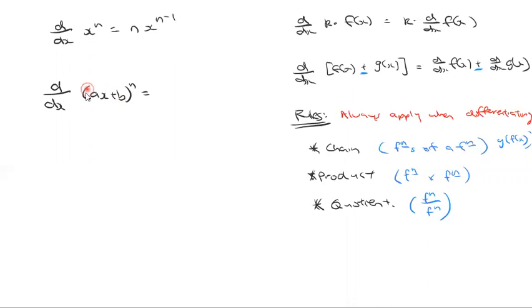So that means you derive this function first, so it's n times (ax plus b) to the power of n minus 1. Then you need to multiply by the derivative of the inside, which is your a. So you can either treat this as a separate rule to remember, or really it's just applying the chain rule. Does that make sense?